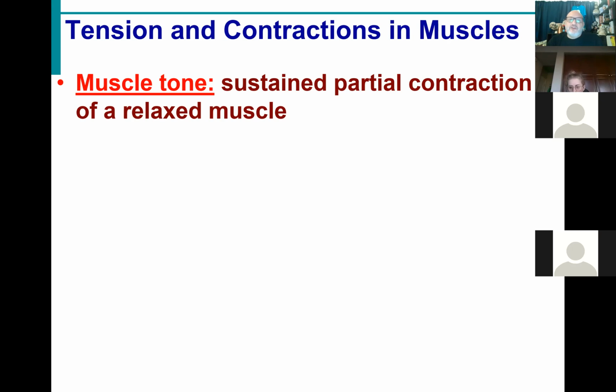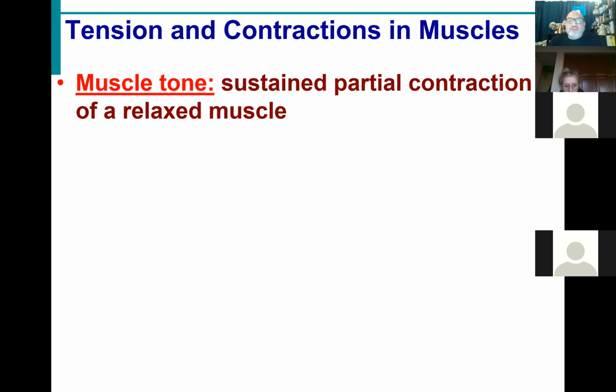However, if I were to roll a paraplegic into your room right now, and you were to poke your leg and poke their leg, would it feel the same? No. The reason is that while your leg muscles may, quote unquote, be relaxed, there is still muscle tone within those muscles. There is a partially sustained contraction in that relaxed muscle.